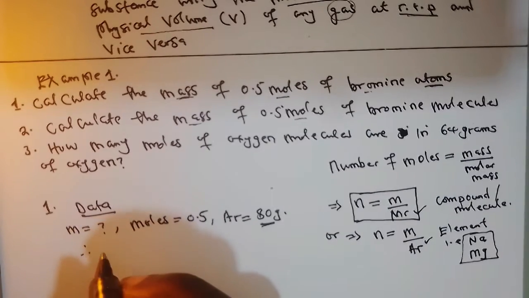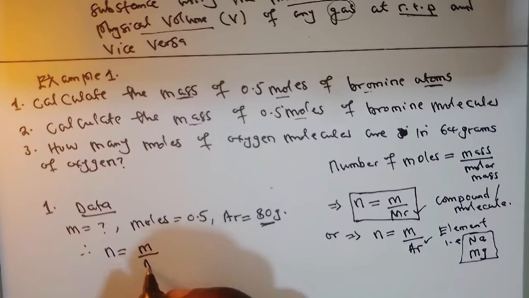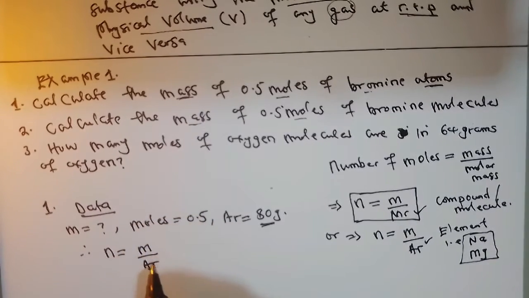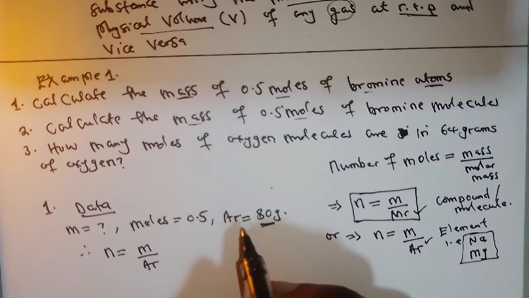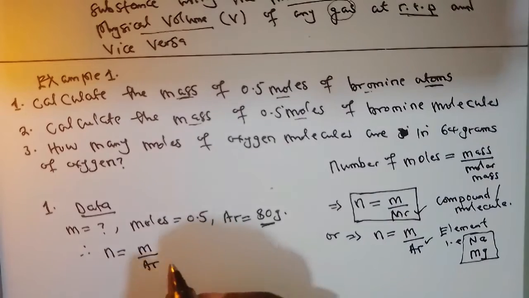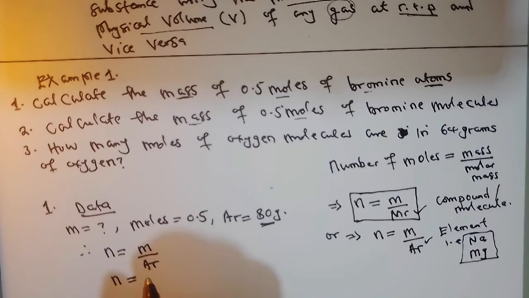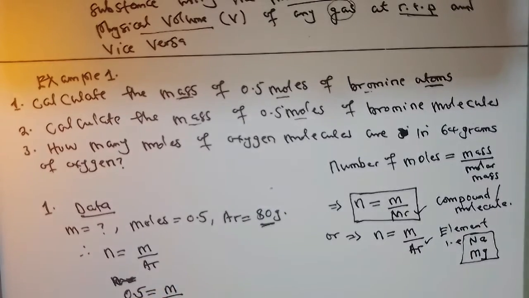So now, the number of moles equals the mass over the Ar. Look at the formula, because I'm looking at a single element, bromine. So n is 0.5, and we replace it: 0.5 is equal to the mass over 80.